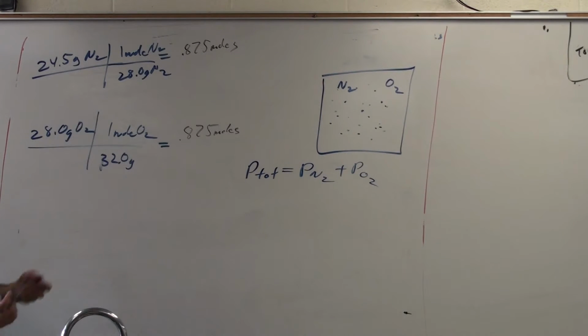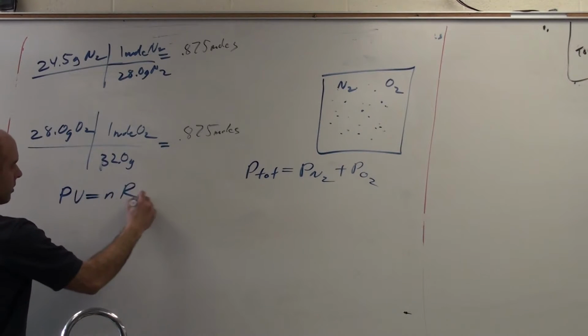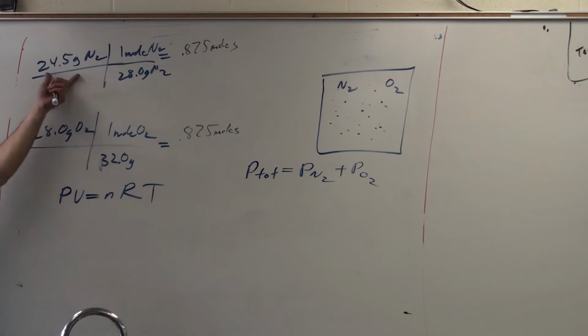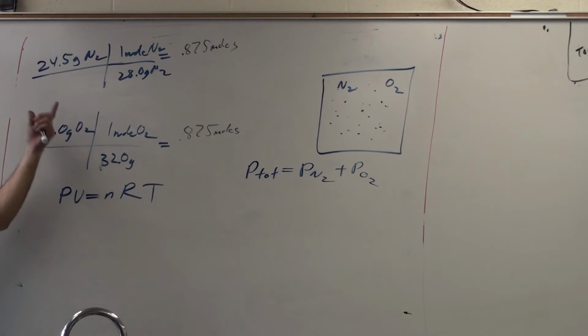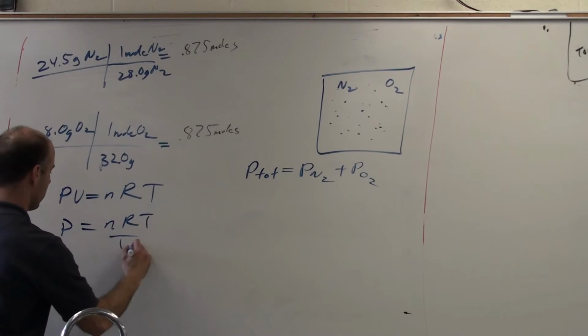We can calculate the pressure using PV equals nRT. You wouldn't do this separately for each of these, we could just do it for one of them because the pressure will be the same, because of the ideal gas equation. So P is equal to nRT over V.